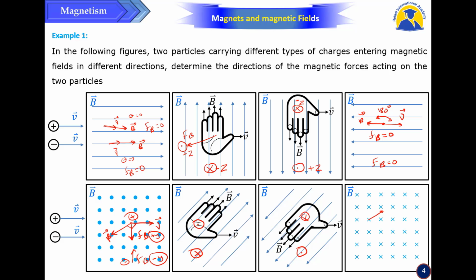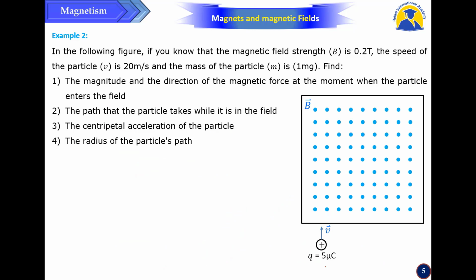So here, negative Z is the direction of the magnetic field, and the direction of velocity will be to the right. The angle between these two vectors is 90 degrees. So the direction of force will be positive Y. This one is for positive charge. For negative charge, it will be negative Y. Okay, this one was example 1.